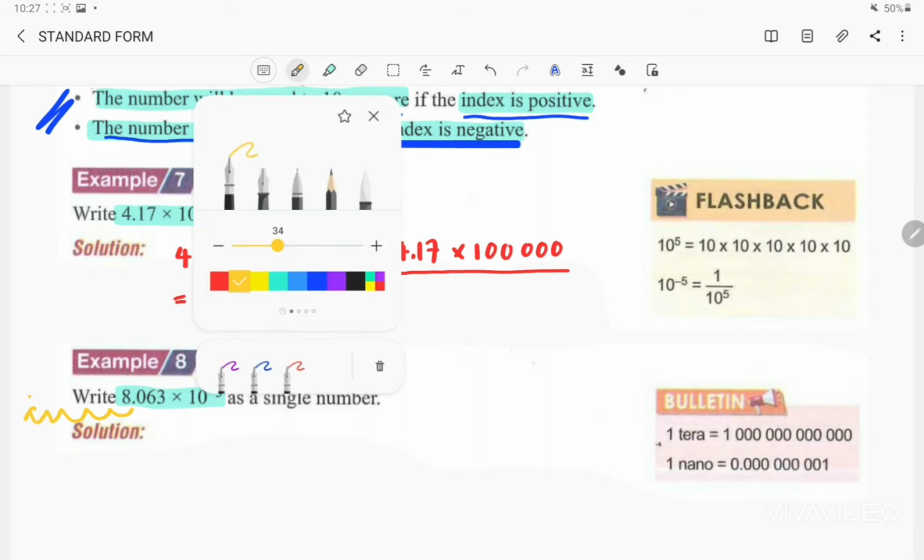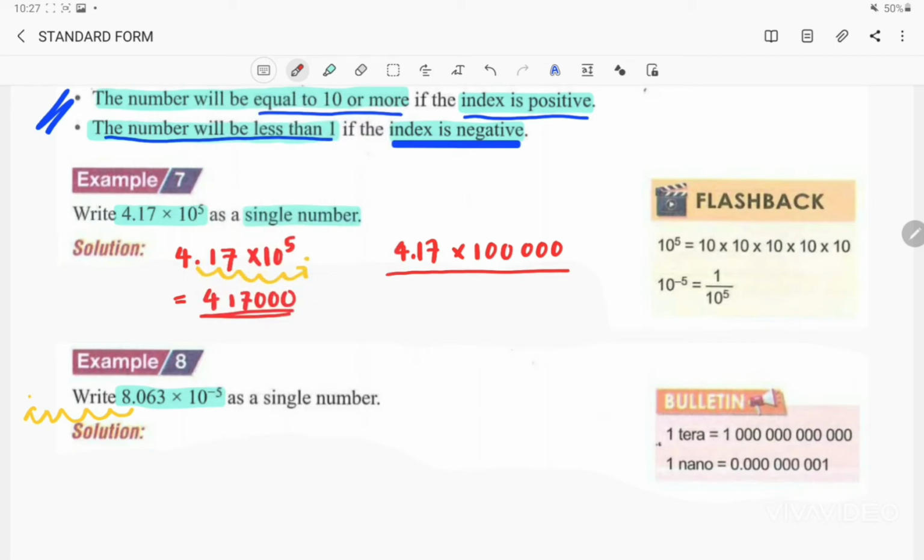Okey, tulis mula soalan dia. 8.063 times 10 power of negative 5. Kalau kita tulis semula dalam single number, it will be 0.00008063. This one is the answer in single number.